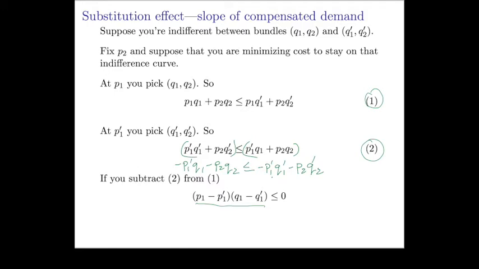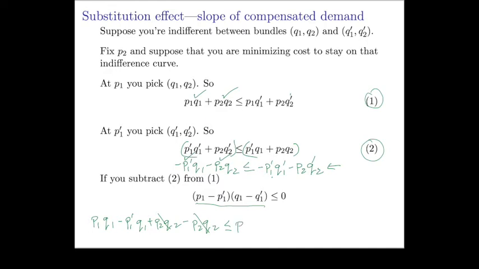Now what we're going to do is add 1 with this inequality. So let's do that down here. We've got P1 Q1 minus P1 prime Q1. So we've got that and that. Plus P2 Q2 minus P2 Q2. These are going to cancel. We've got our inequality.